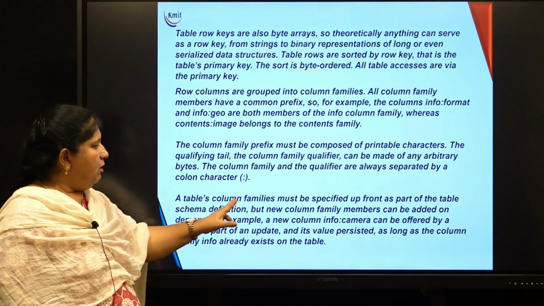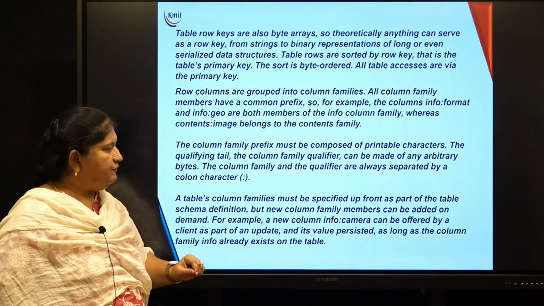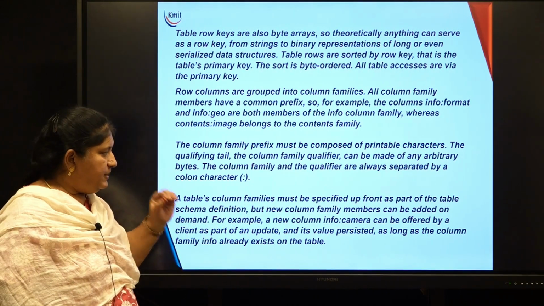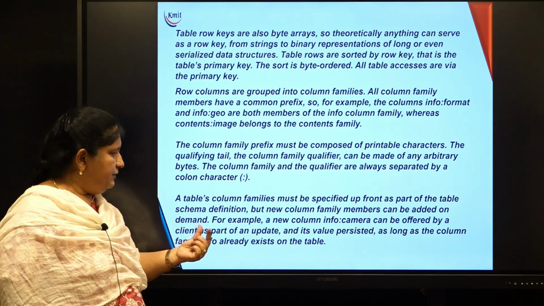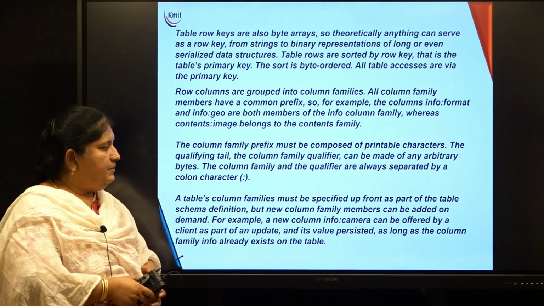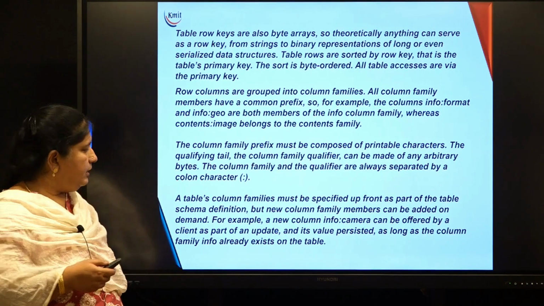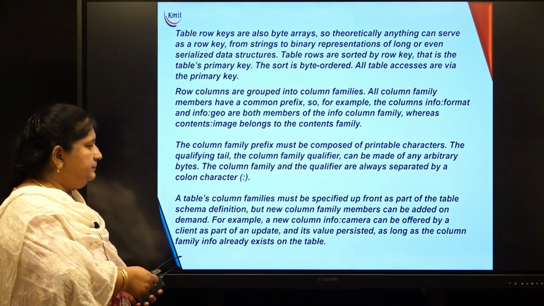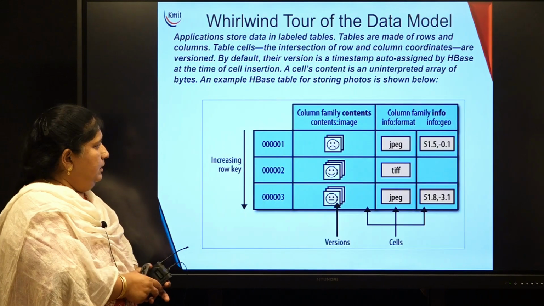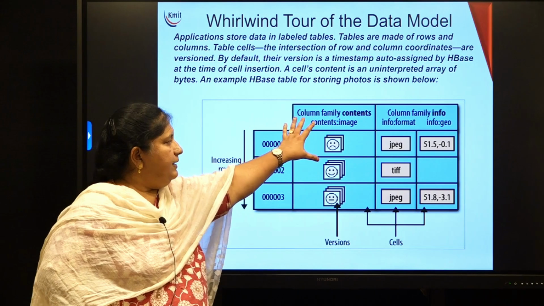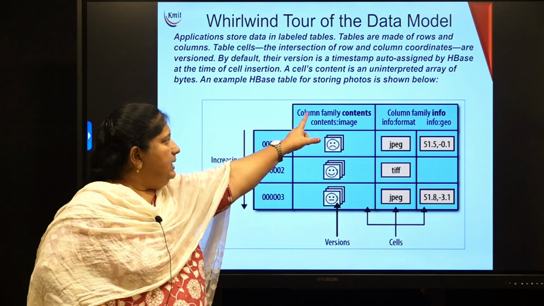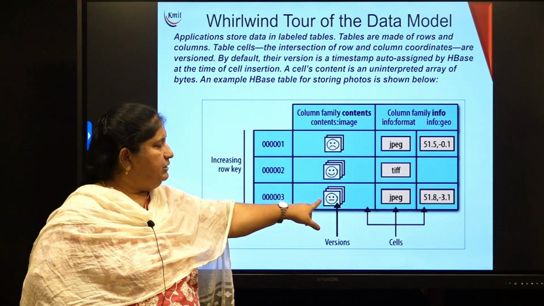A table's column families must be specified up front as part of the table schema definition, but new column family members can be added whenever you require. Say for example, whenever you create the table, first I have created something called contents, under which I am storing image.